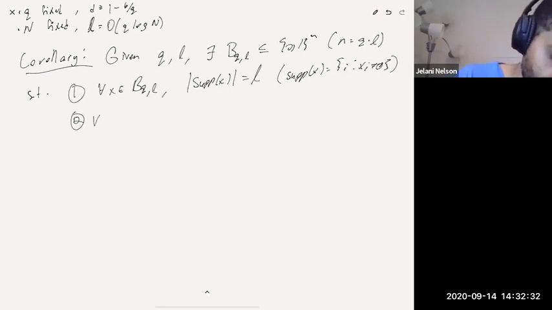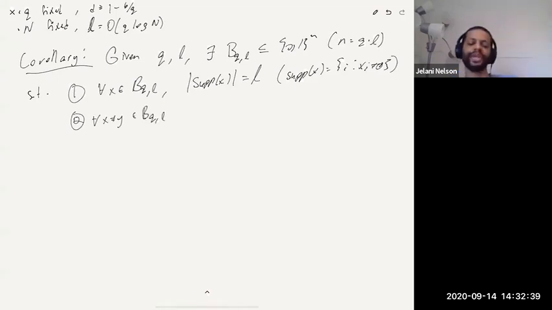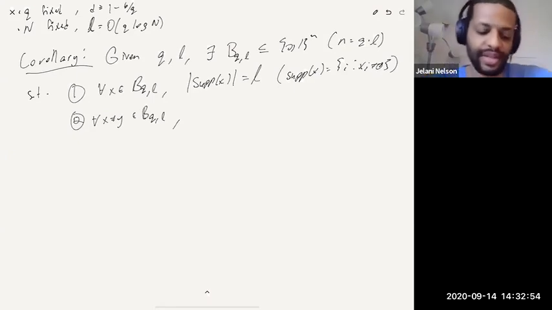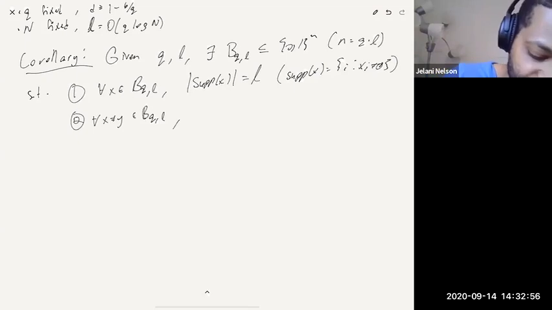I also know that for all x not equal to y in B_{Q,L}, I want to say that they don't overlap too much. Again, bit vectors and sets are kind of the same thing, because given a bit vector, I can interpret it as a set which just contains all the ones of the bit vector. So let me abuse notation and also treat it as a set.